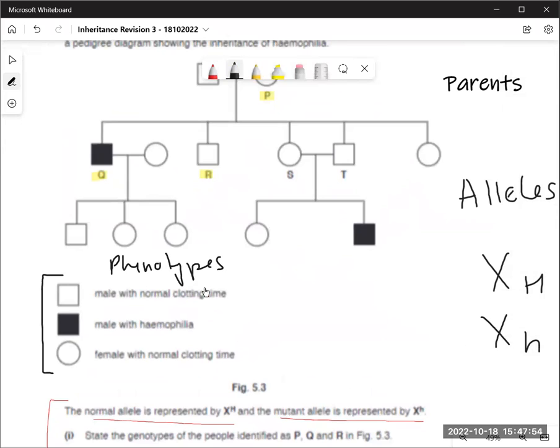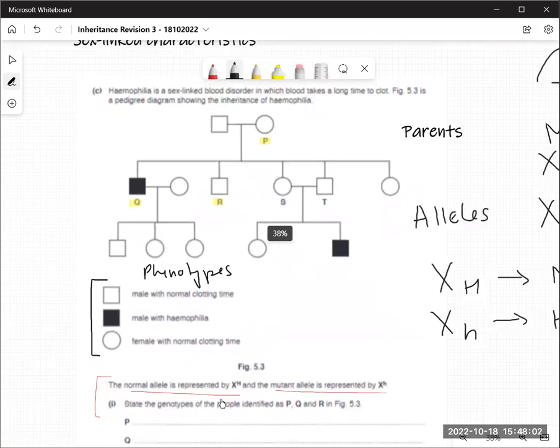Diana, can you tell me what is the phenotype? Or Lula, can you tell me what is the phenotype? You're muted. Rachit, what is a phenotype?